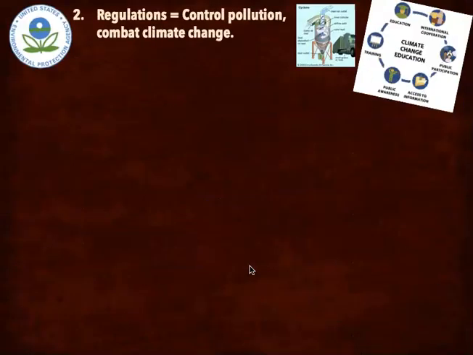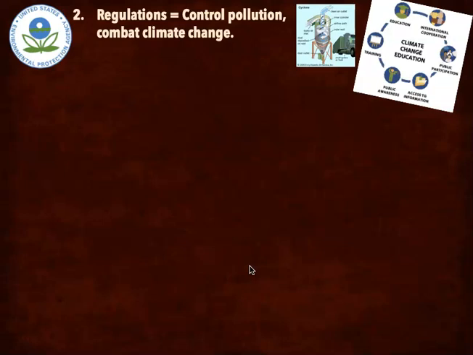All right. Regulations. So rules that are set by governmental agencies like the Environmental Protection Agency that take a role in trying to control the spread of pollution, the effects of pollution. They try to enforce regulations that push back on the factors that we know play a role in causing climate change, whether it is pollutants and things like that.